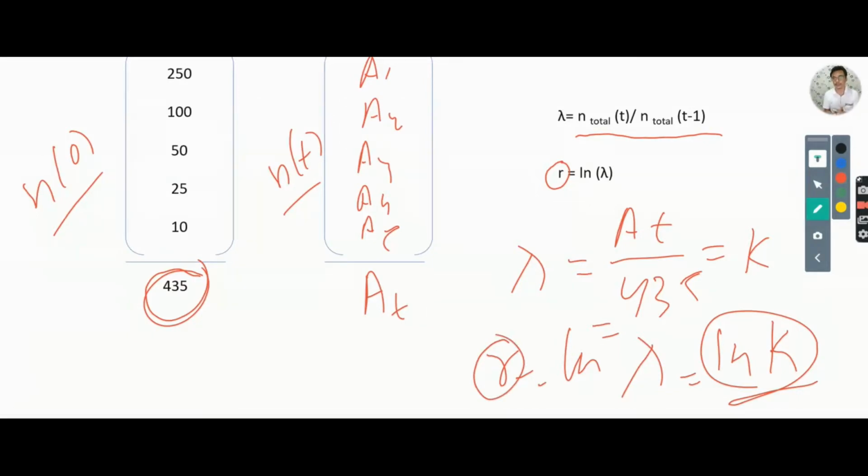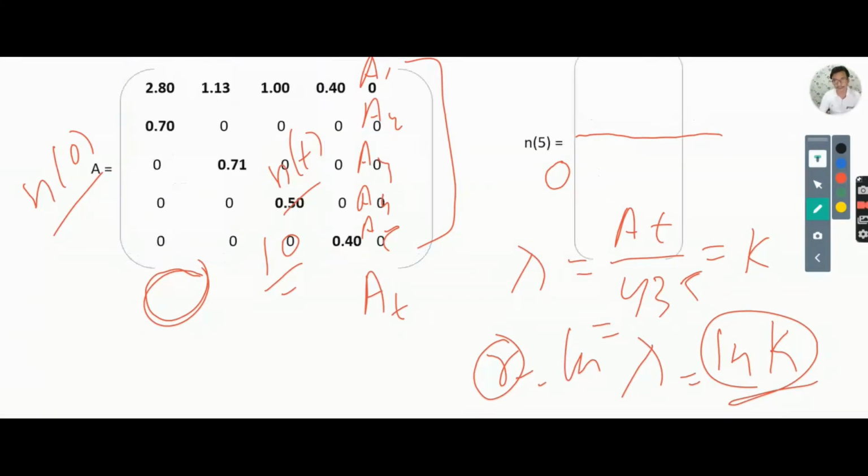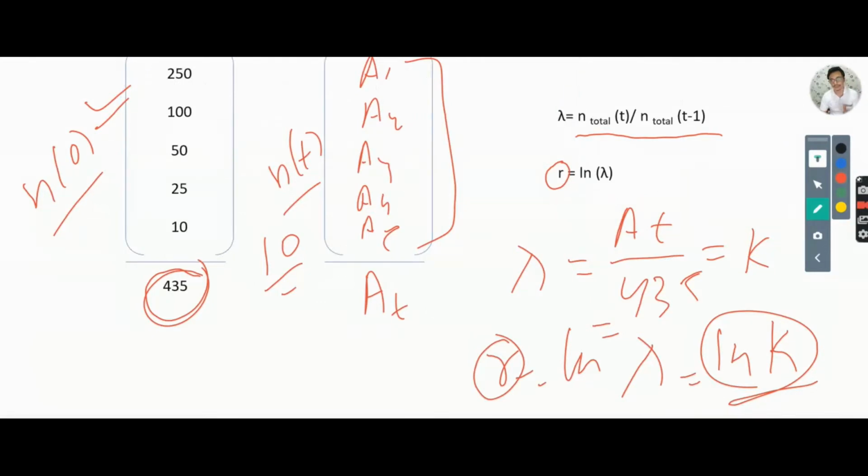And this R value you can have every time you recalculate the vector. Suppose after 10 years you calculate the population. So you have this best Leslie matrix, and you can compute the R at any moment. And remember why this R from lambda is most important: when the time progresses, the resources are changing.